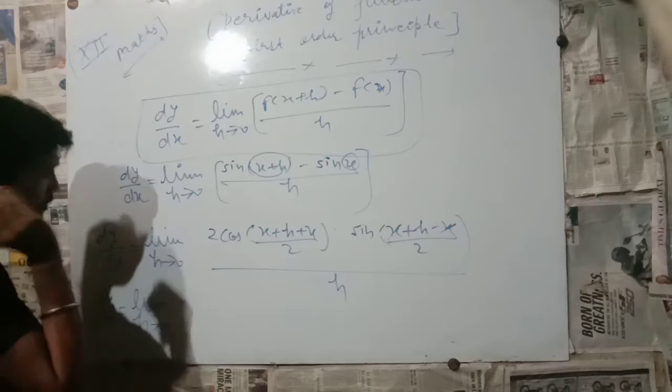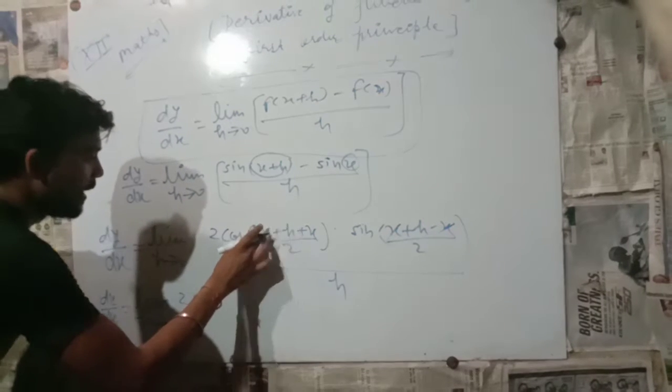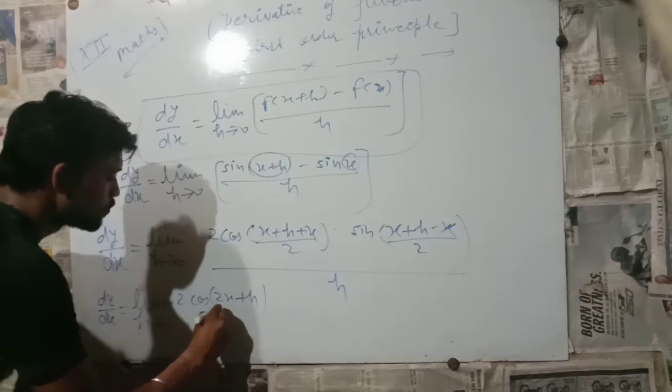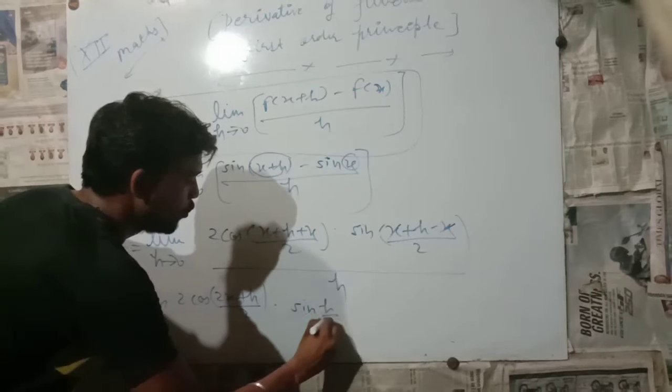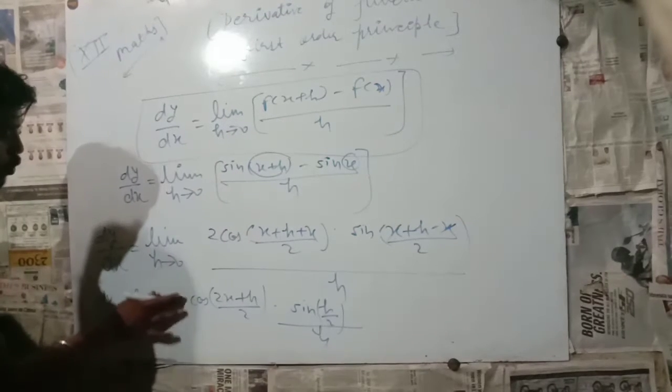Now dy upon dx is limit h tends to 0 of 2 cos of (2x plus h) upon 2, into sin of h upon 2, upon h.